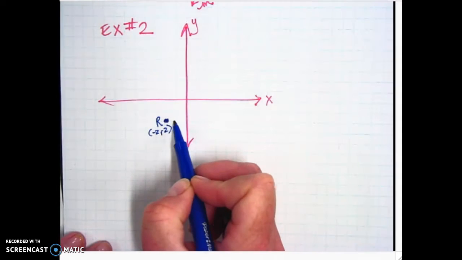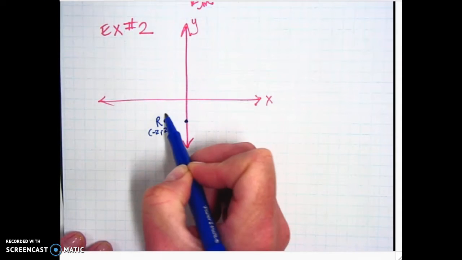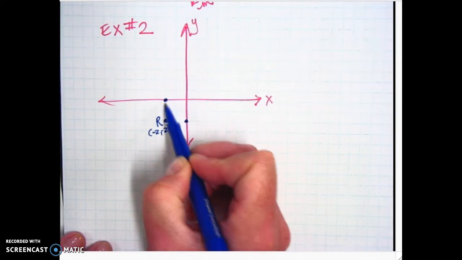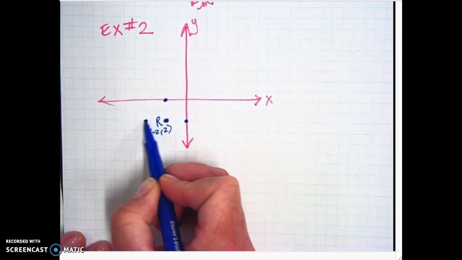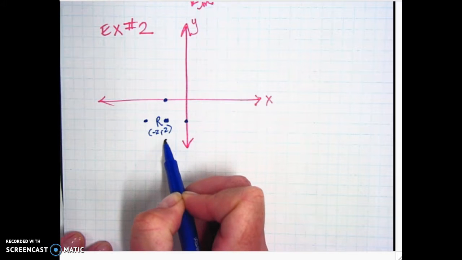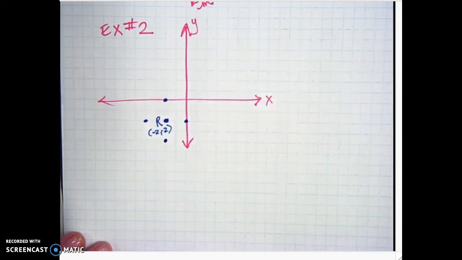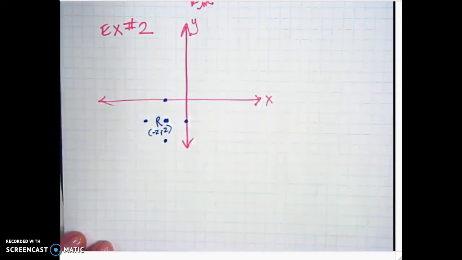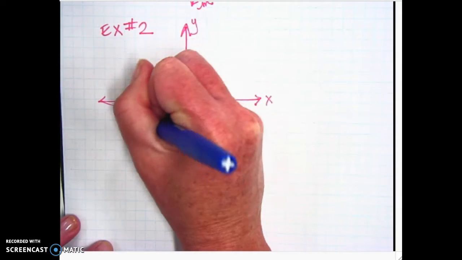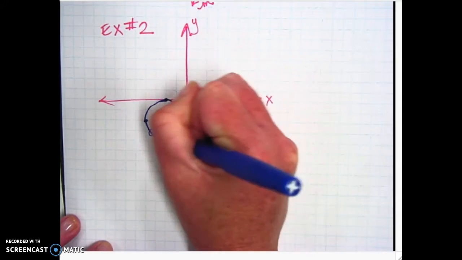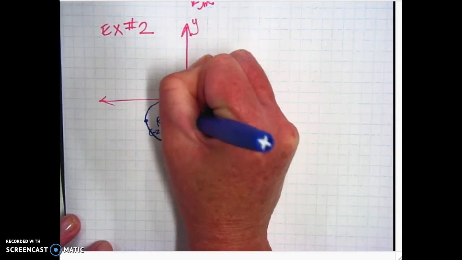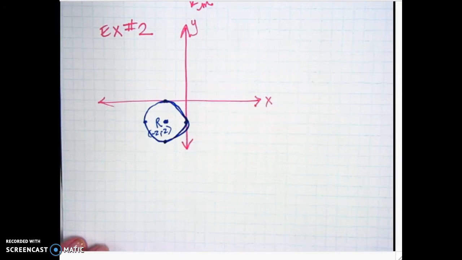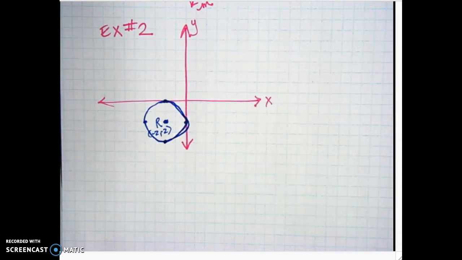From that center, we're going to go 2 to the right, 2 up, 2 to the left, and 2 down. I just made 4 points around that center. And guess what I can draw through all 4 of those points? A circle, right? Mostly a circle. Hopefully with your pencil you can make a little better circle than mine.